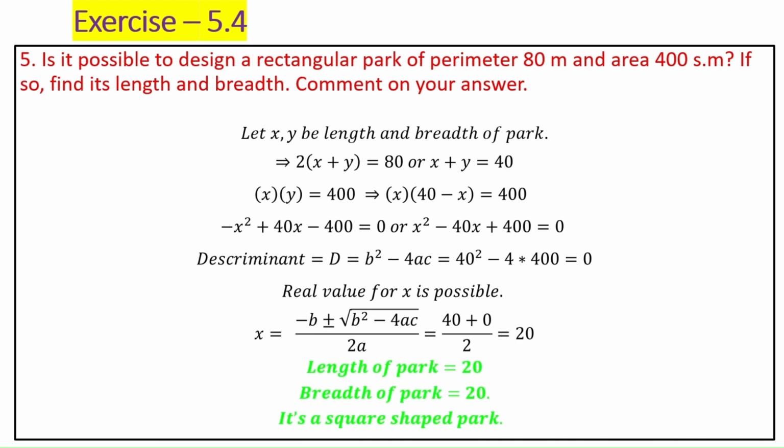But you can call a square a rectangle. Square is also a rectangle, just the difference is length and breadth are the same, otherwise it has all the properties of a rectangle. So it is possible to design a park with the given conditions, just that it is a square park, not a rectangle.